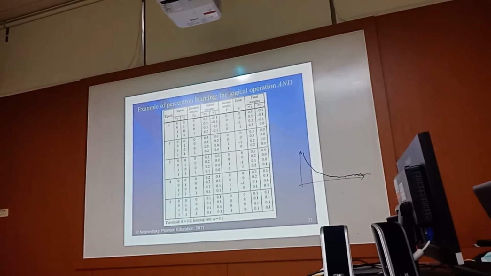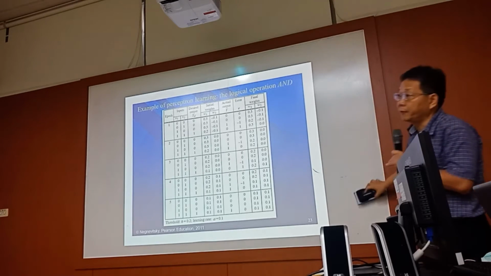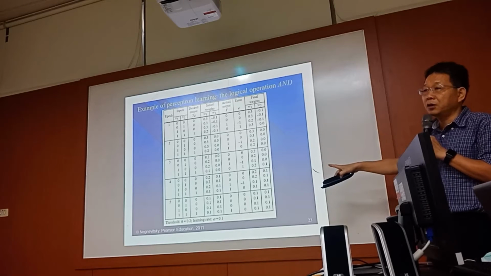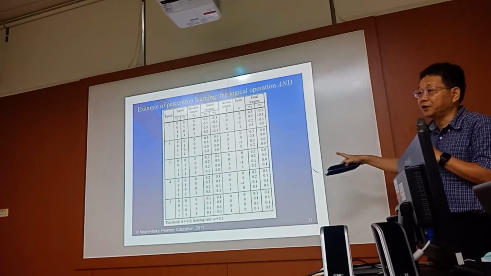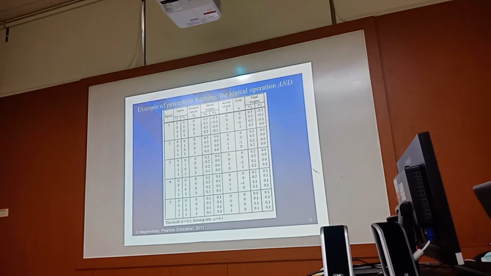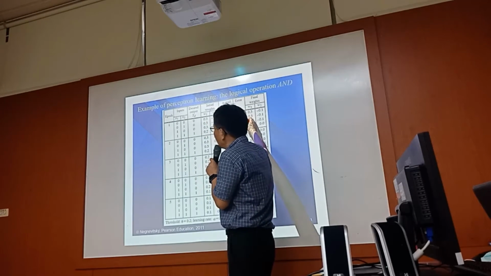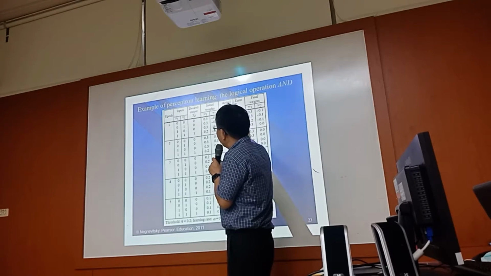So then iteration. We give this example. In the neural network course, do you have this example? Yes, okay. This is a very popular example for an AND gate. Now we can update the weight person by person.